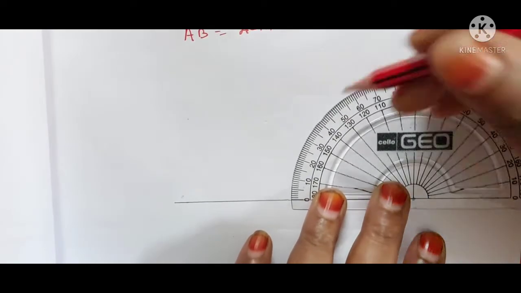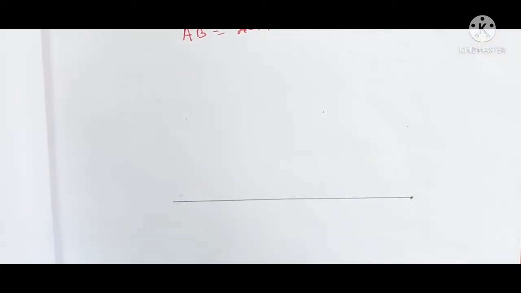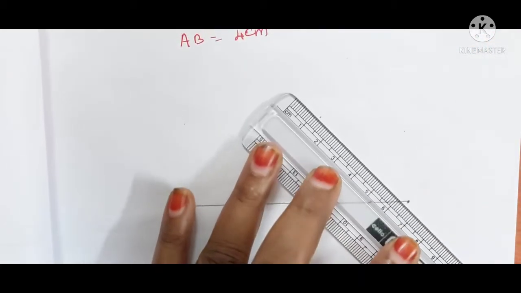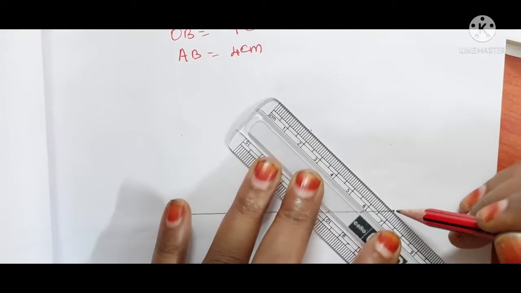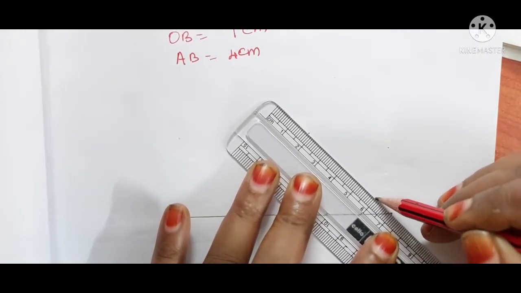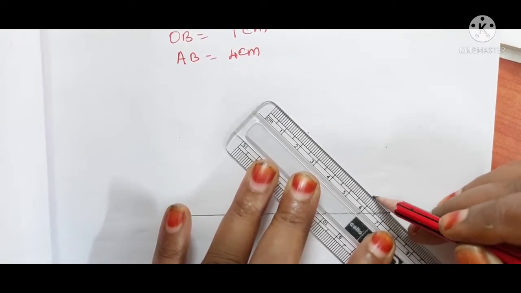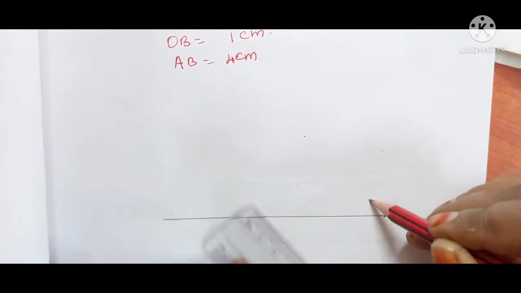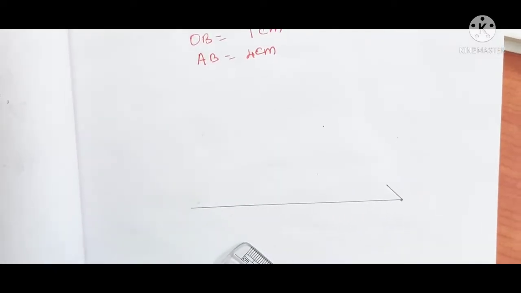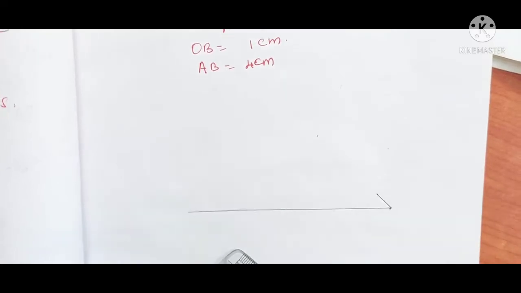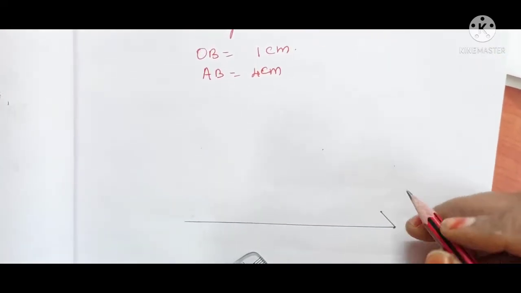Now locate this 45 degrees, and the OB length is 1 centimeter. From this take 1 centimeter; I am taking it here, just see, 1 centimeter. So you just draw this. If you feel it is very small, you can take 1 centimeter equal to 50 mm, so it becomes somewhat bigger. For my convenience I am doing it here.